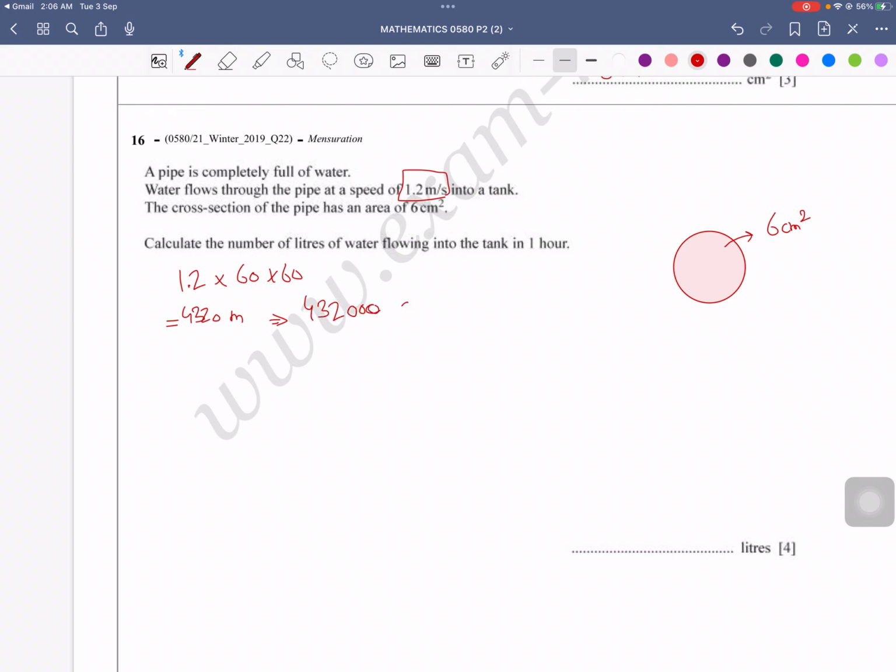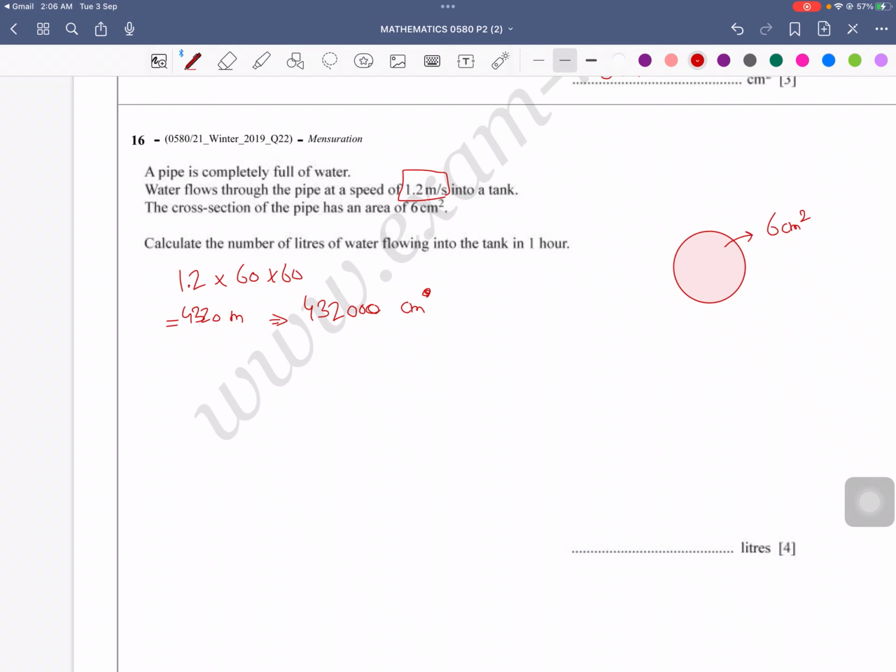This is the speed of water, and this is the amount of water in the entire hour. Now we need to come up with the total amount of water that can go through, given the speed of water.